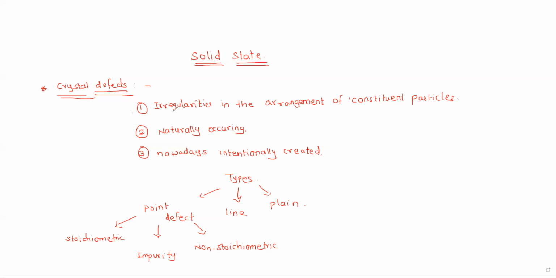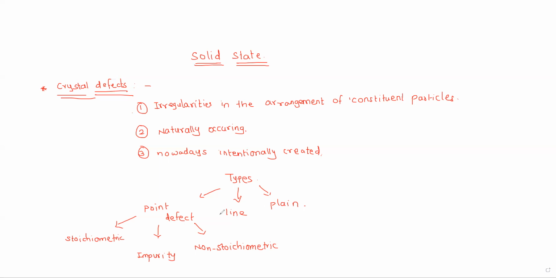So they are nothing but irregularities in the arrangement of constituent particles. They occur naturally during the crystallization process, and nowadays they are intentionally created in laboratories due to some important properties. Next, there are types of crystal defects: point defect, line defect, and plane defect. As the name suggests, the defect regarding a point is point defect.